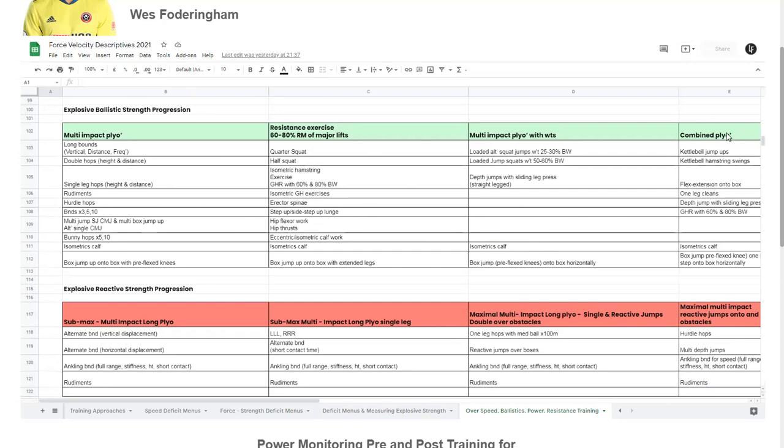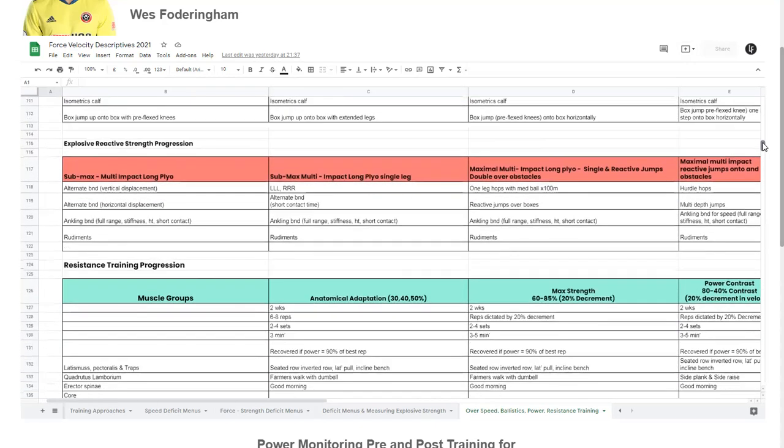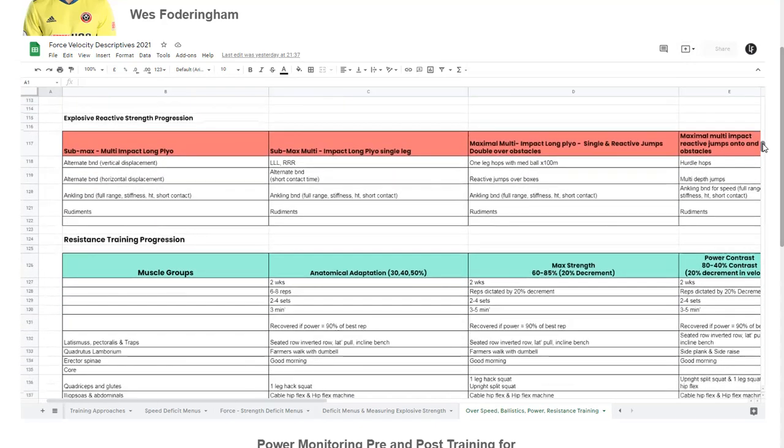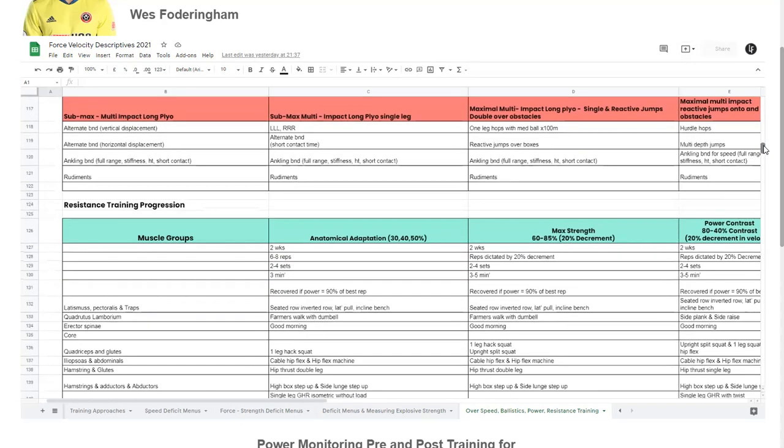So the combined plyo is using weights as well as jumps or any other kind of assistance tool. And then here we've got multi-impact long plyo, got reactive jumps.